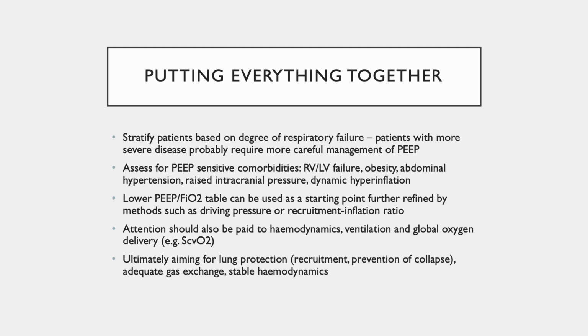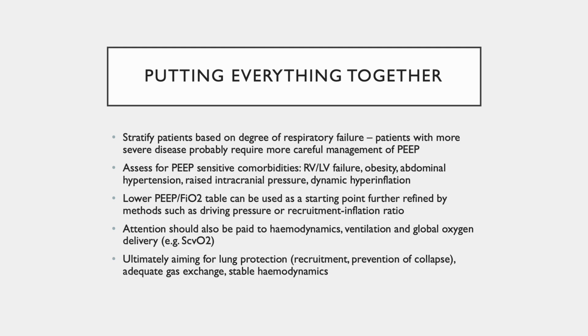Putting everything together, I think firstly it is important to stratify patients based on the degree of respiratory failure, where patients with more severe disease could potentially benefit from more careful and intricate PEEP titration and determination. Assessment for PEEP-sensitive comorbidities like RV and LV failure, obesity, abdominal hypertension, raised intracranial pressures, and even dynamic hyperinflation is important.